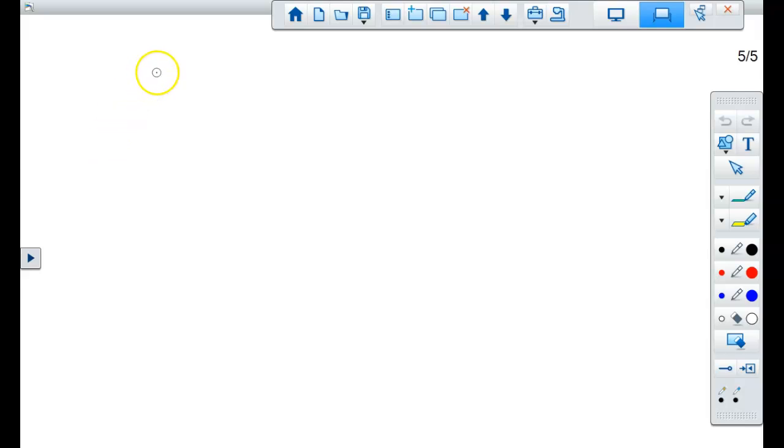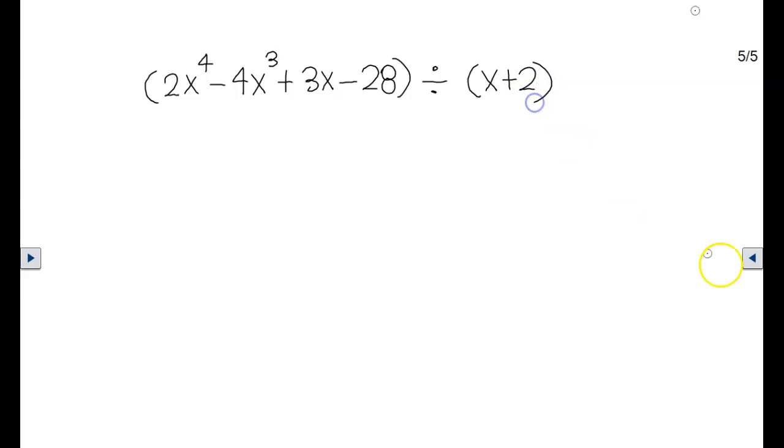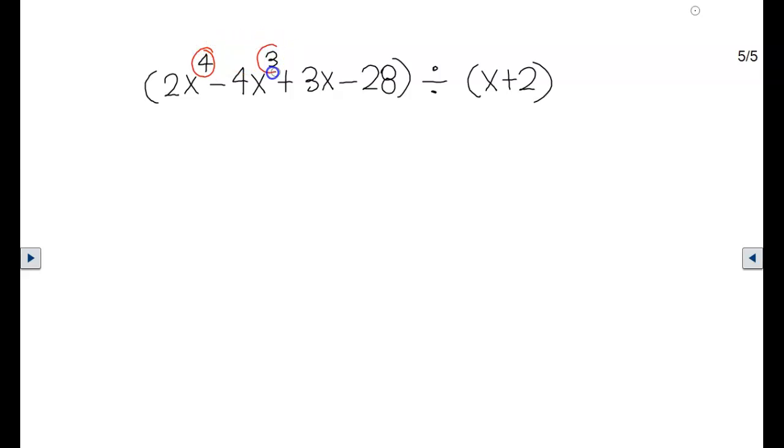All right, let's look at one last example. All right, let's check for missing terms. We have x to the fourth, x to the third, x to the first. So that means right in here we need a 0x squared as a placeholder because they have skipped here.